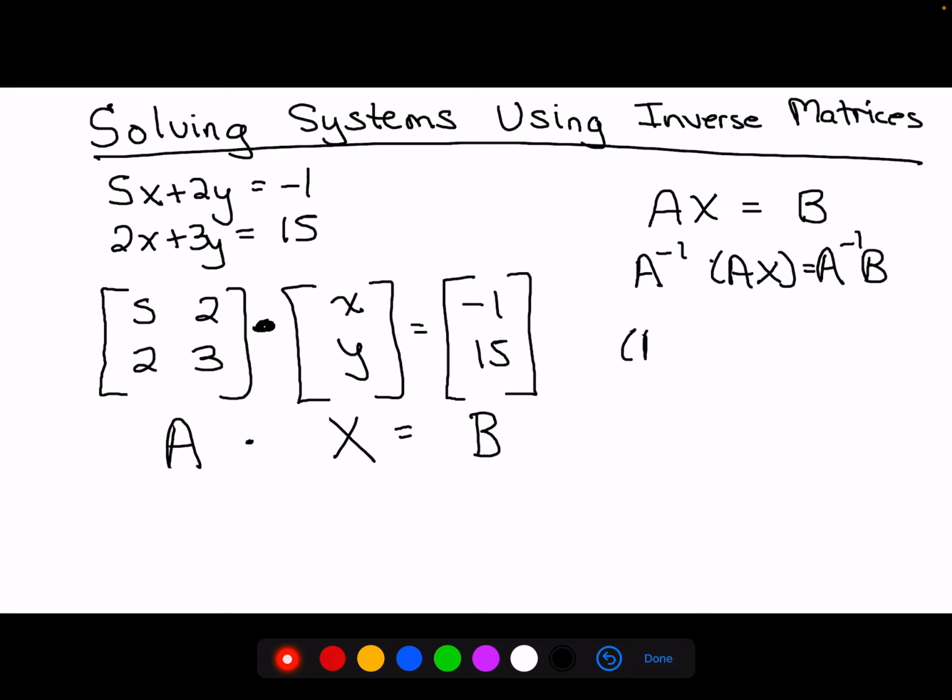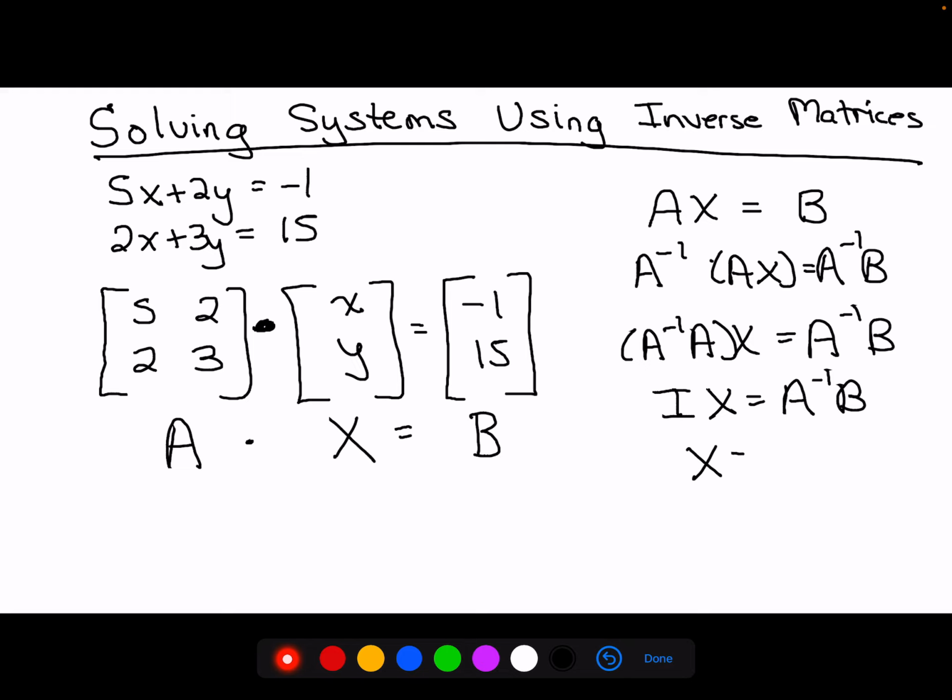Well, you can associate the inverse matrix with A and leave X outside the parentheses. That's perfectly okay. But we also know that taking the inverse times the matrix gives us an identity matrix, and the identity matrix times X would just leave us with matrix X.